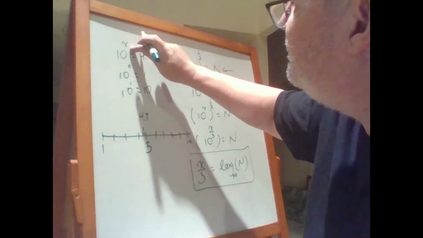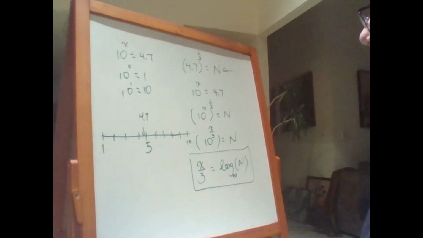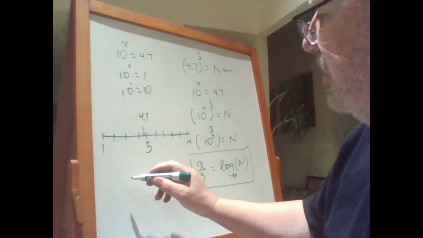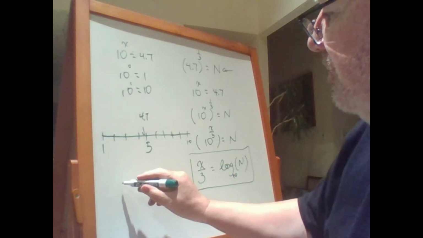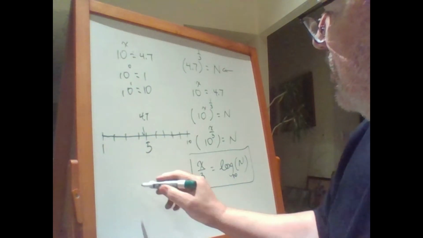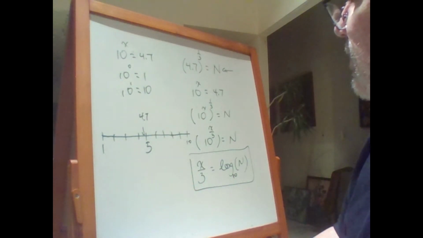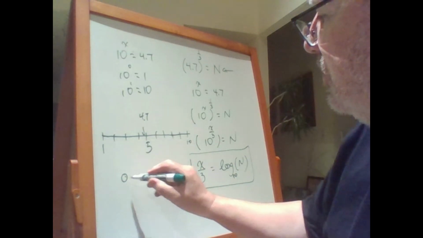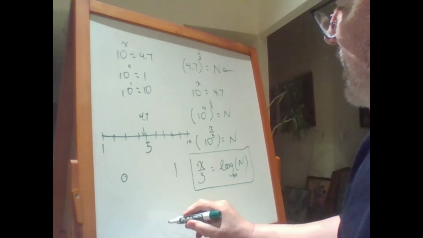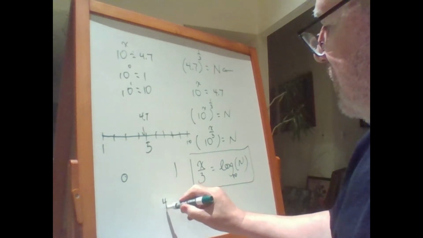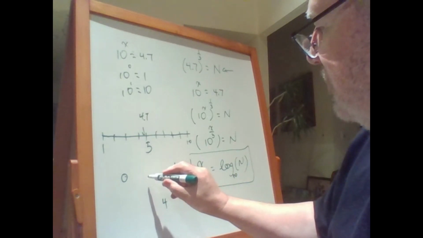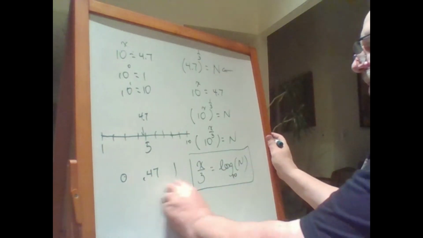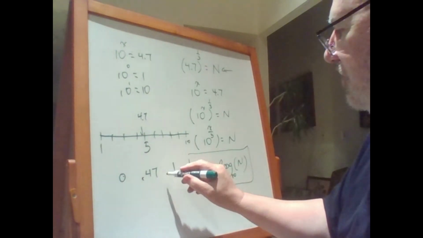So what value do we have? We have to pick a value somewhere between 0 and 1, let's say 0.47. Let's try that. We can guess.